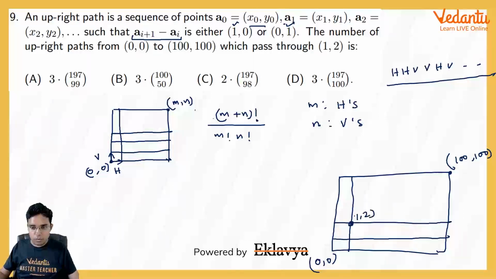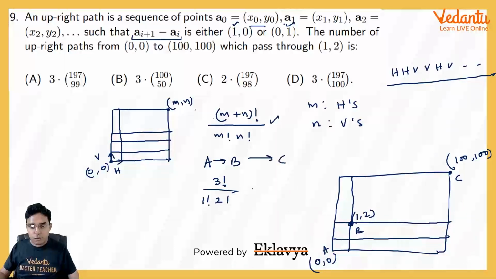Suppose this is point A, this is point B and this is point C. So I have to go from A to B first, and that will be done in 3! upon 1! 2!. Same formula which I told you here. Now B to C also I have to move. So in that case I have to take 99 horizontal steps and 98 vertical steps. So the total number of steps is 197. So 197! upon 99! 98!.